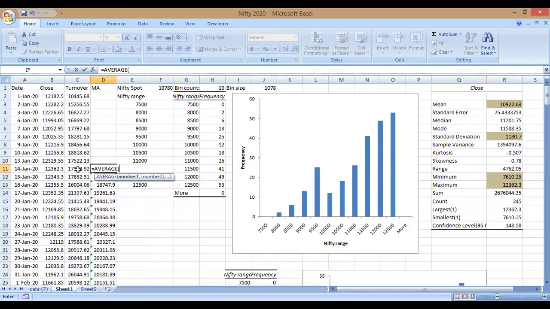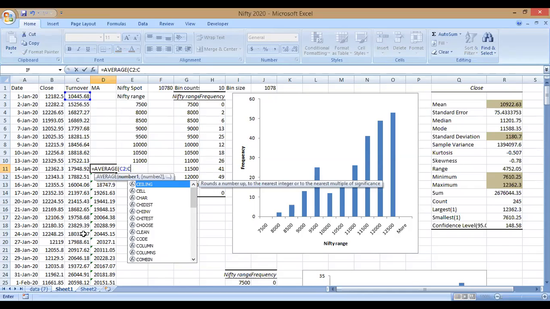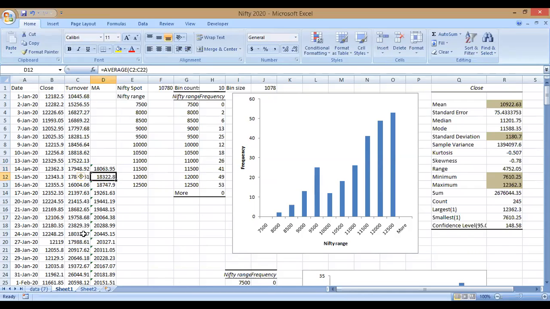So if this is row 11, there should be 10 values on top and 10 values down below, so it goes till 20. Then you drag it all the way down to the last row. The significance of a moving average is to smoothen out all these values.